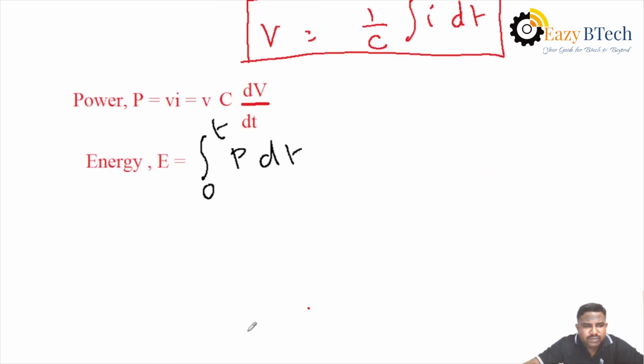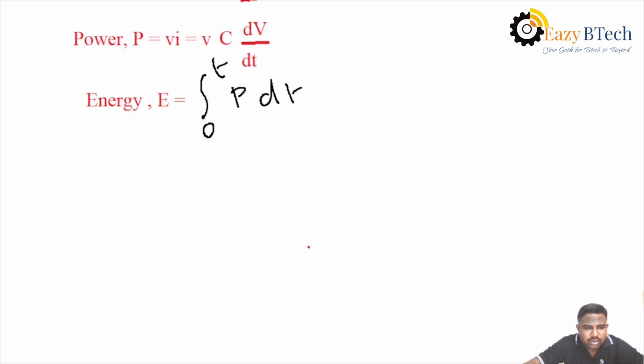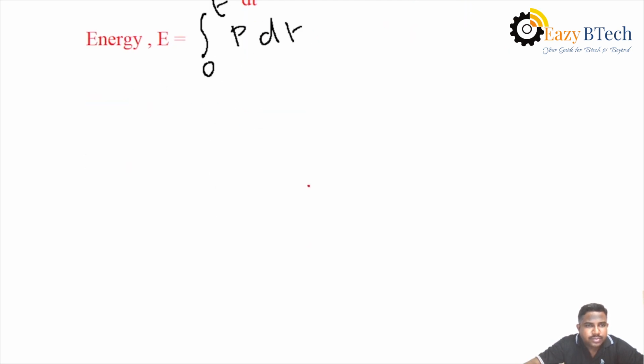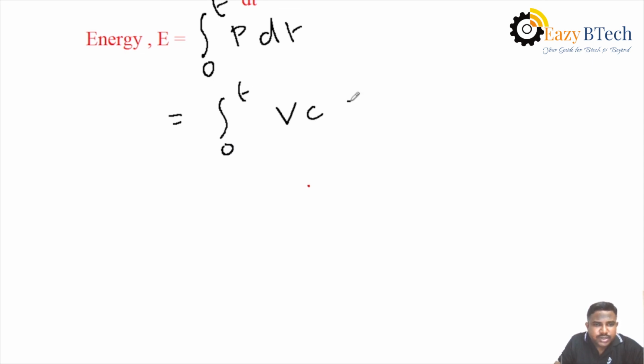Already we know the value of power in the case of a capacitor. From that you can replace the value of power: the integration from 0 to t of V into C into dV by dt, again into dt. That dt will be cancelled. Then C is constant.